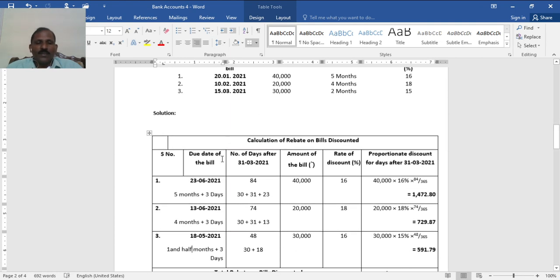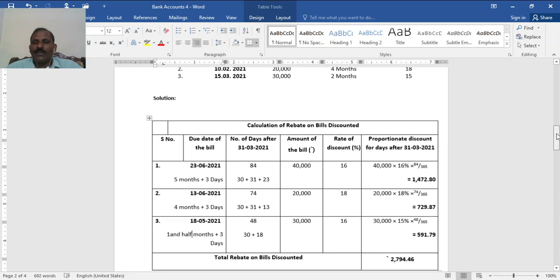Here you see, not 5 months, that is 3 days, but from March, in the first case, after March: April 30, May 31, 23 in June. In the case of the second bill, April 30, May 31 and June 13, after the end of the year. Up to the end of the year, that is pertaining to the year. Expired means from the last date of the year till the date of maturity.